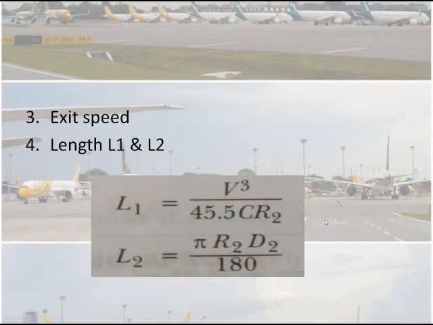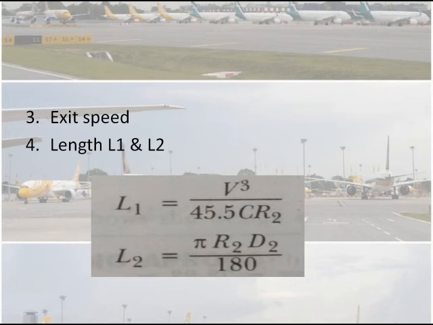Let us move on to our next point, that is exit speed. The most significant factor affecting the turning radius is the exit speed of the aircraft and not the total angle of turn nor the passenger comfort. The fourth point is lengths L1 and L2. The values of L1 and L2, that is length of entrance curves, can be obtained by using the following equation.